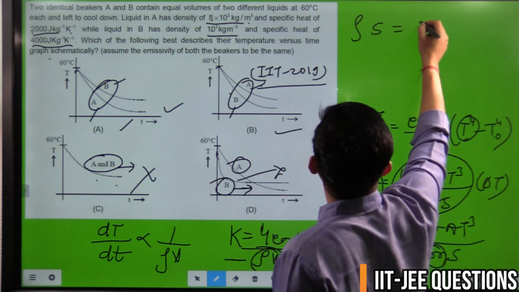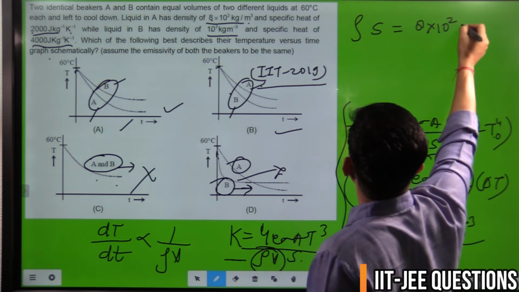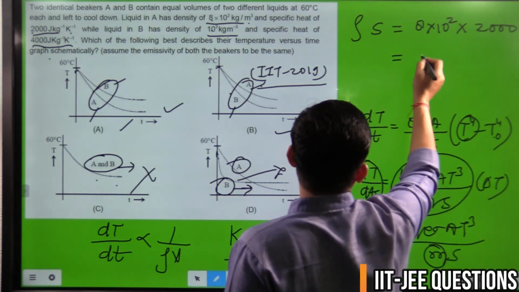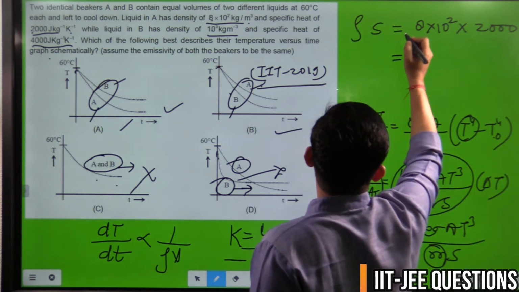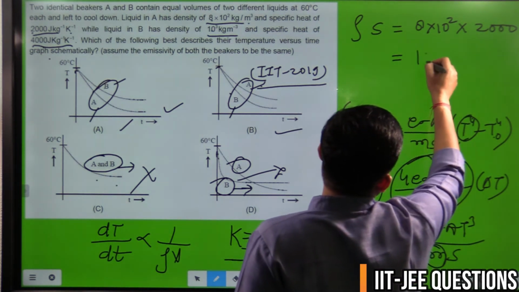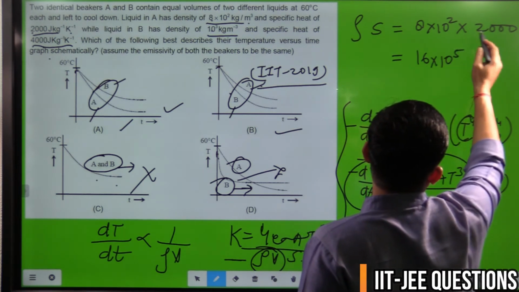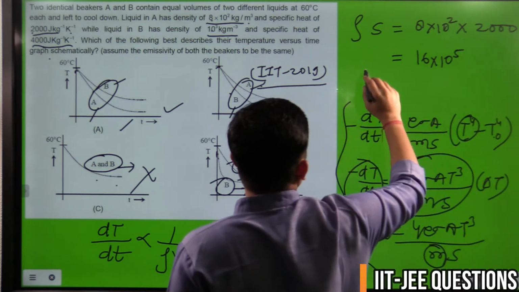Rho is 8 into 10 to the power 2 into specific heat 2000, and in the second case, first calculated, it will be 16 10 to the power 5, 2 and 3 5.